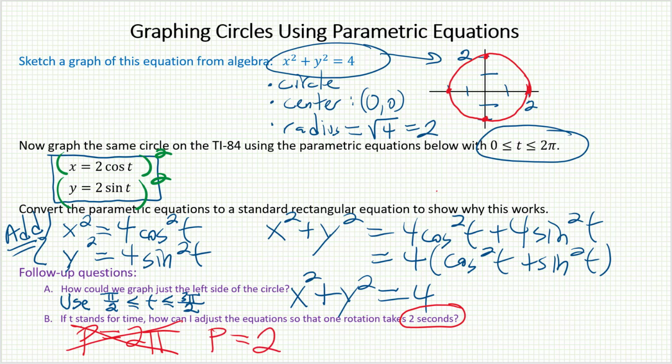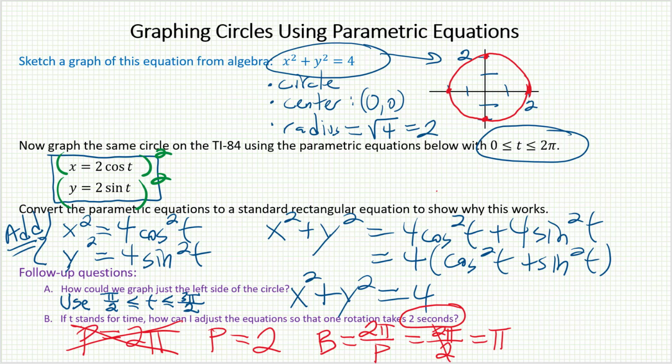Well, we learned earlier in the course how to do that. I just have to adjust my b value, my coefficient of the t. Remember we had this little formula, b equals 2 pi divided by p. In this case, the period that I desire, p, is 2, and so when I plug that in, I get a b value of pi.